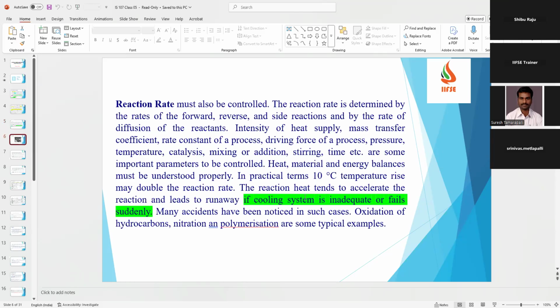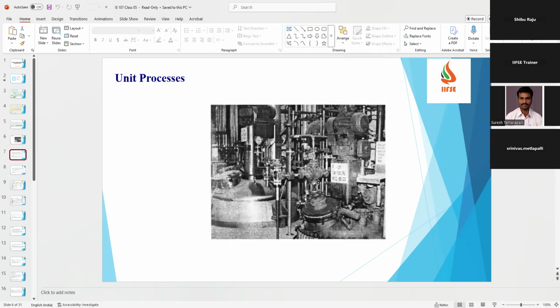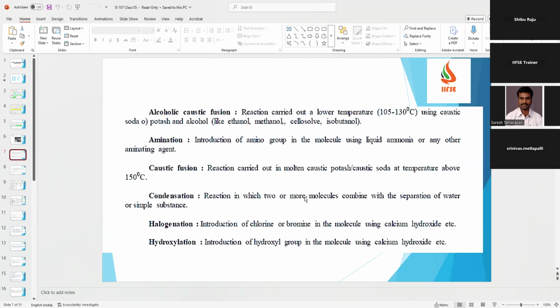Okay. Then unit processes. Now we'll see some examples of unit processes, starting with alcoholic caustic fusions. Here the reaction is carried out at low temperatures using caustic soda, potash, and alcohol, etc. Amination is the introduction of amino group into the molecules.